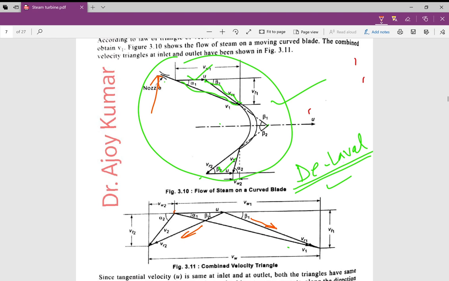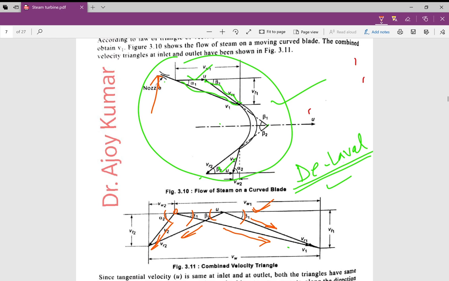And from tail of U, draw again two lines, right side for V1 and left side for V2, right? And now come to the angles.